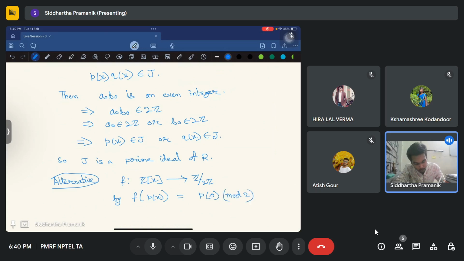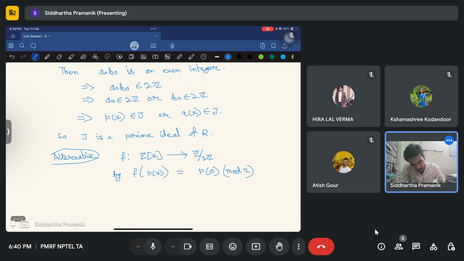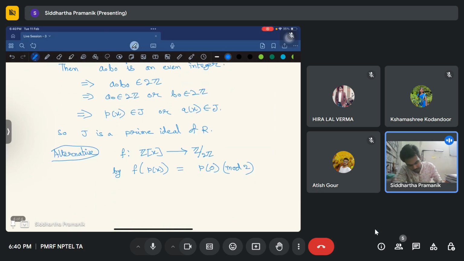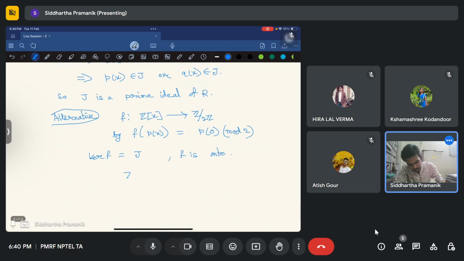Then I told you to find the kernel. Then you can check that its kernel is actually the ideal J and f is onto. So by the first isomorphism theorem, Z[x] mod J will be isomorphic to Z mod 2Z.